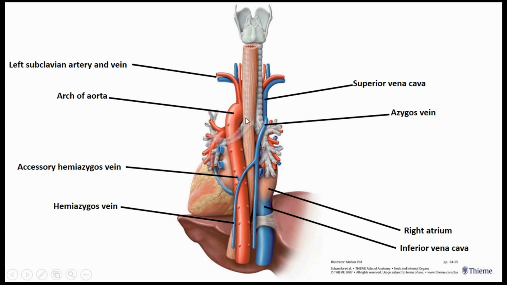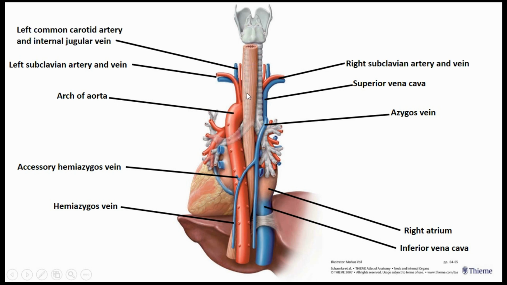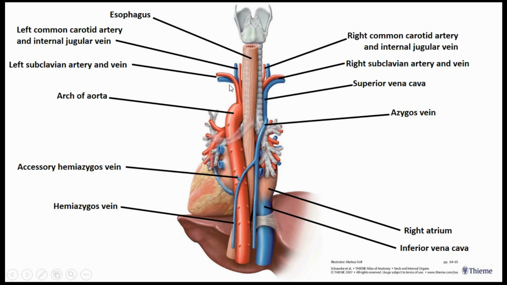Along the way it gives off the brachiocephalic trunk, which splits into the right subclavian and right common carotid arteries, and then separately, it's a little bit out of order, sorry about that, we're going to have the left common carotid and left subclavian arteries branch off, and they're going to be accompanied by the subclavian veins and the internal jugular veins on their respective sides.